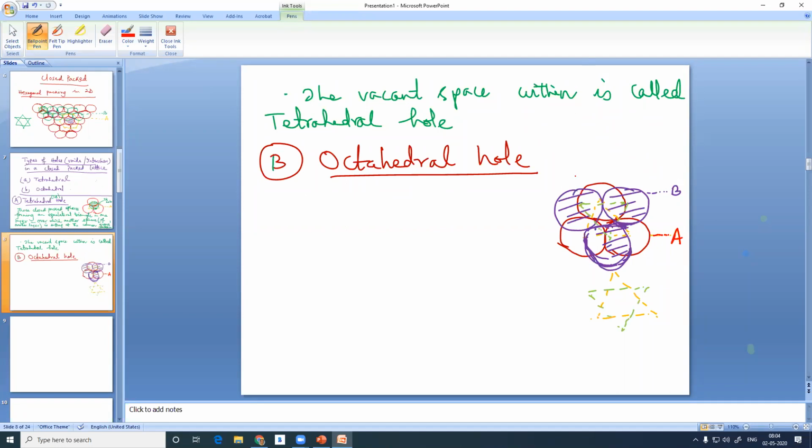Now see, if you join these two, they form a square. One side is from the top layer, the other side in the bottom layer, and one is lying above in the top layer, the other lying below in the bottom layer. So you can visualize an octahedron in this manner.